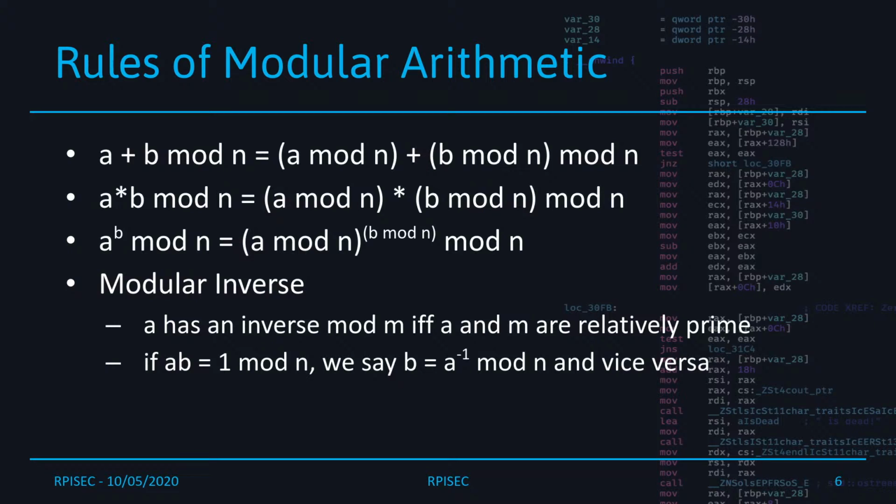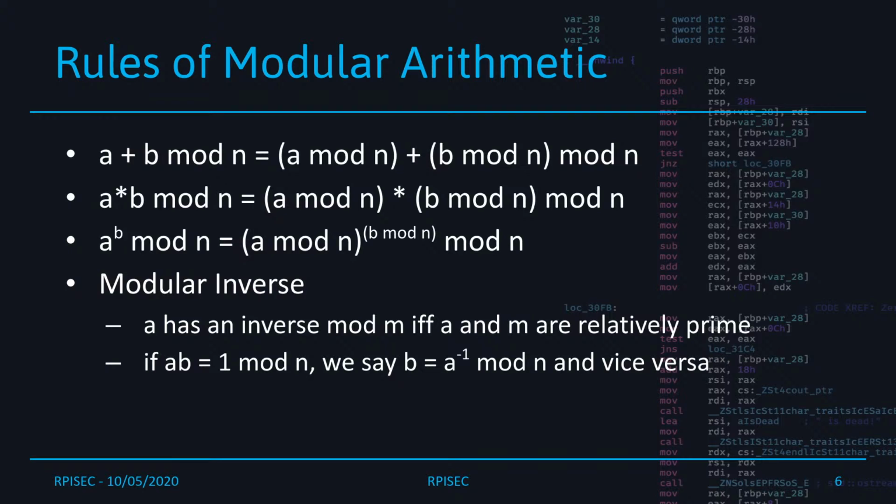There's also quite a few convenient rules to modular arithmetic that can make it a lot easier to do computation. Modular arithmetic is, I think, associative, or maybe I don't remember.